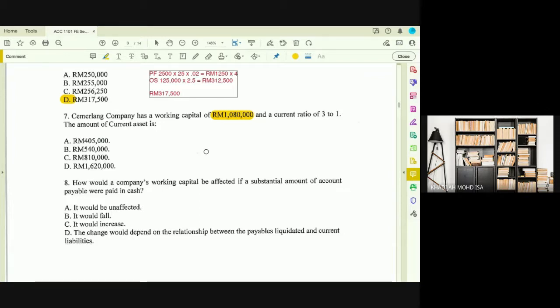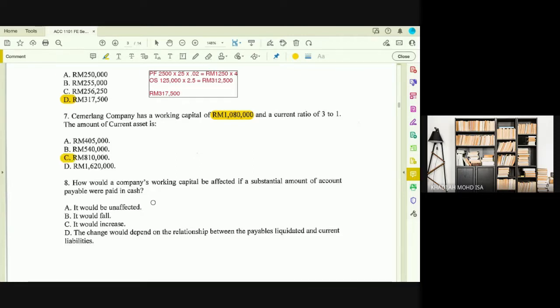Because I thought working capital is your current asset minus your current liability. So 3:1. Right, it should be 810.